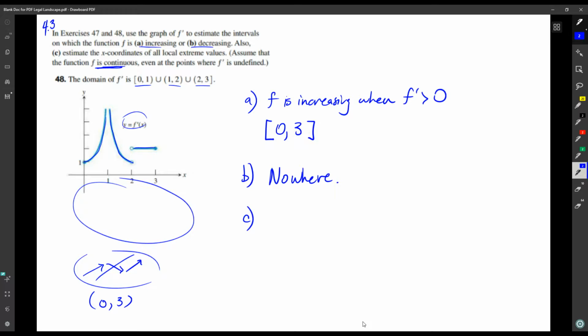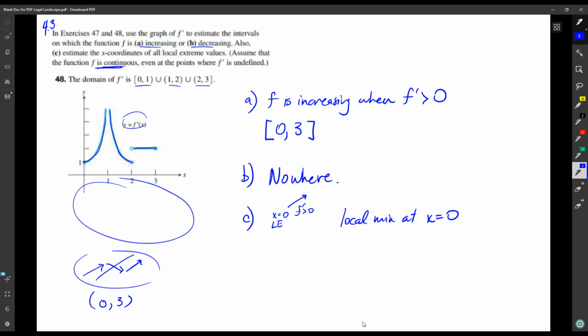At x equals 0, the left endpoint, f prime is positive on the other side, f prime positive here. So that means at 0 we start to increase, which means locally x equals 0 is a minimum. So local min at x equals 0.